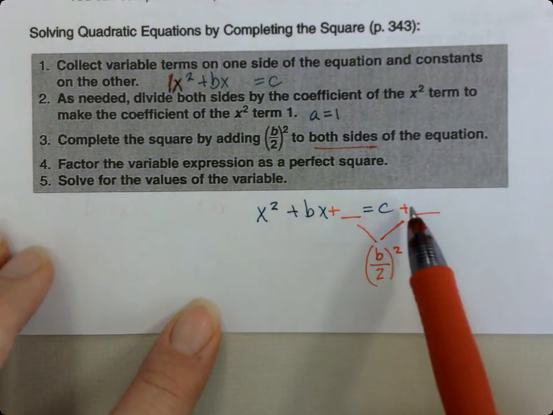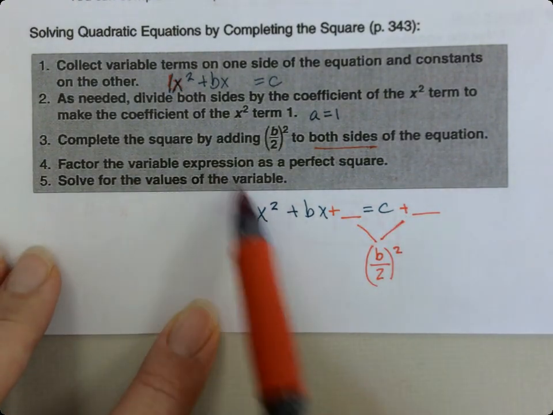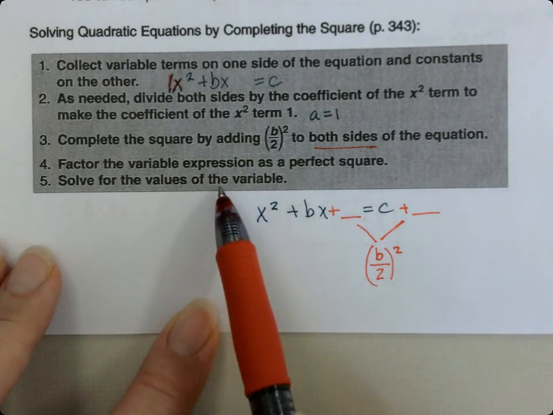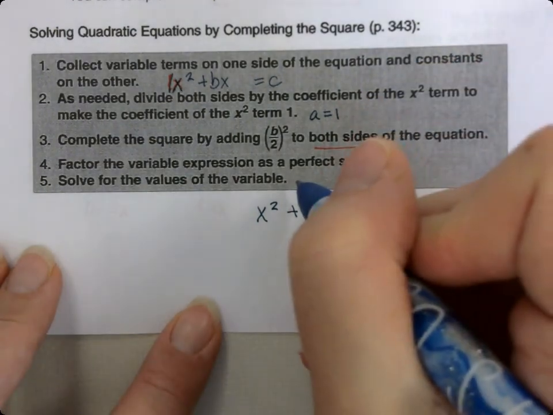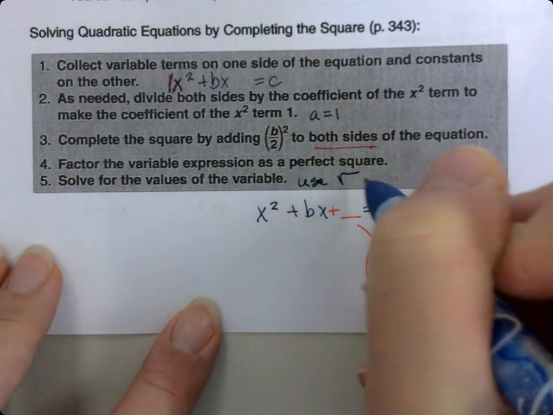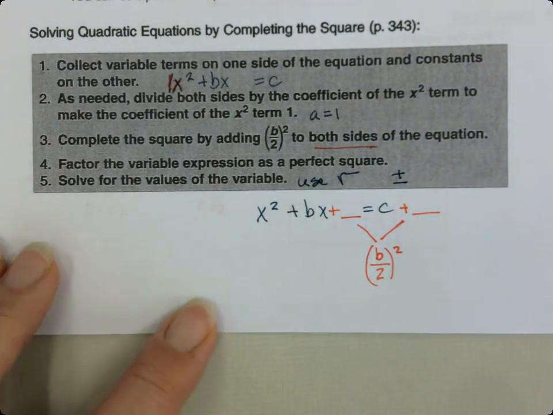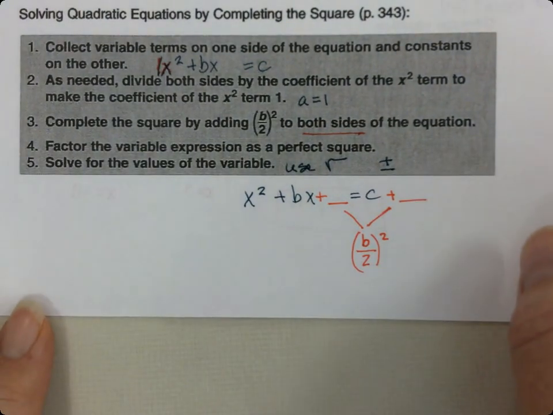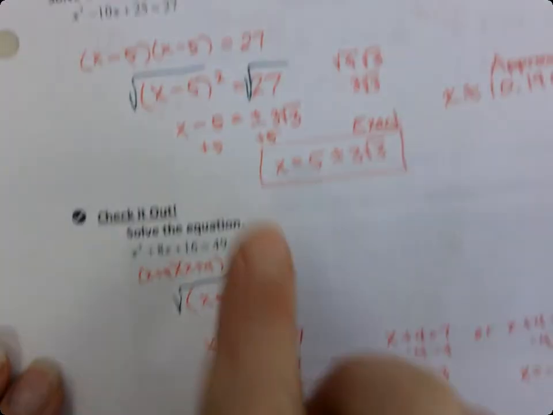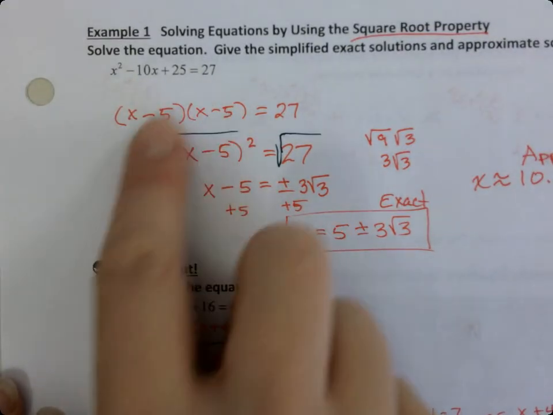Now, once you complete the square, then we are going to factor the variable expression, and then we're going to solve using square roots. So solve, I'm going to remind you, we're going to use square roots, and we should always have that plus or minus in our answer. Okay, so your goal is to make your function look like this, and then we can solve it in this method.